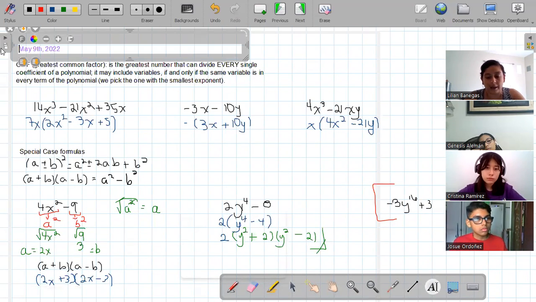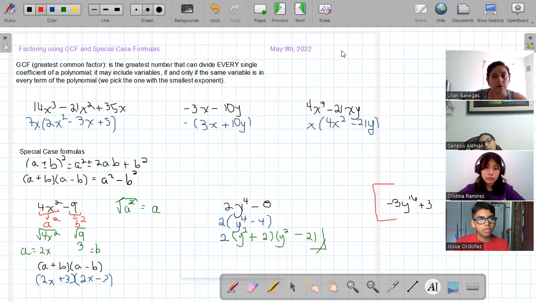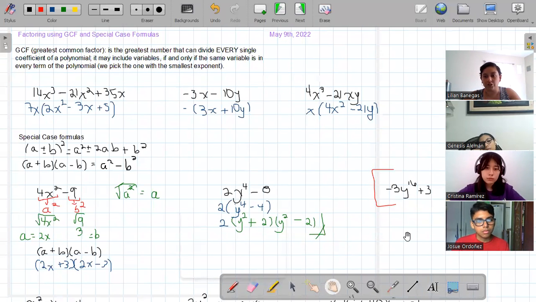And like I told you, this is factorizing or factorization, factoring, using GCF and special case formulas. Okay, that will be the topic for right now. Factoring, using special case and GCF. Questions? No questions? Okay, then this is a topic.